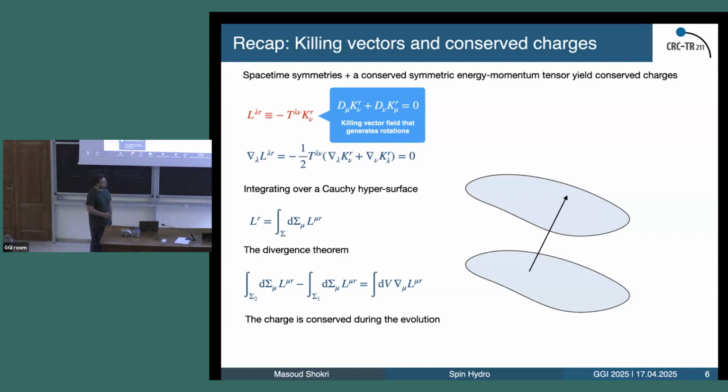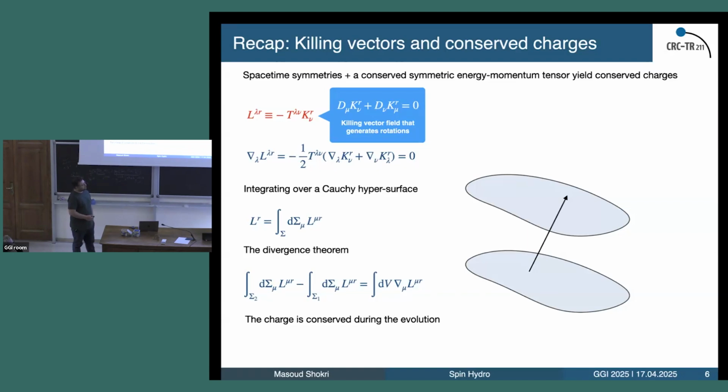So if you contract it with the Killing vector and then take the divergence, you end up with this relation, which gives zero divergence.